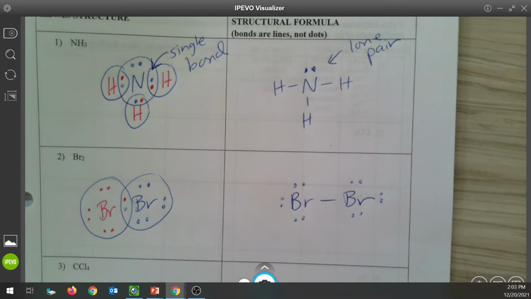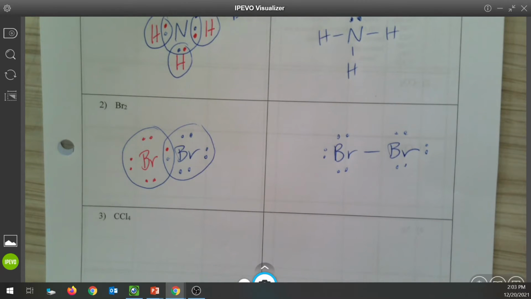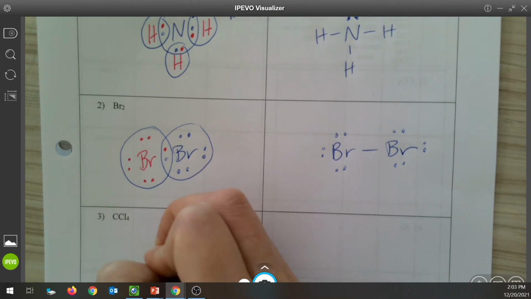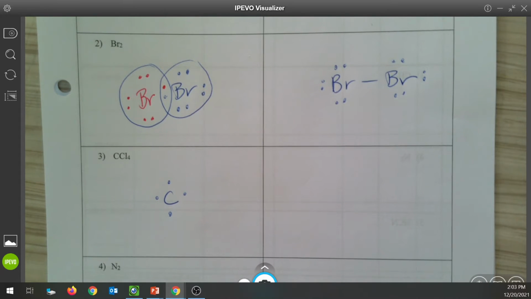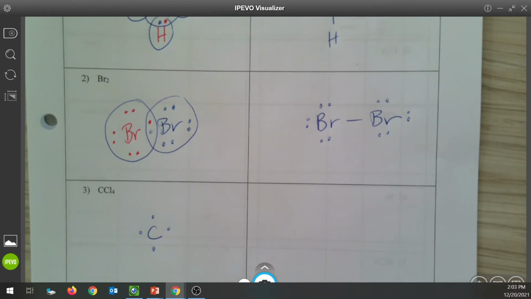Okay. Next one, CCl4. Which one's going to be the central atom, C or Cl? C. Whatever you have the least of is in the middle. Carbon has 4 valence electrons, so go ahead and draw the 4 Cls. It's pretty clear. You can see where the Cls are going to latch on.